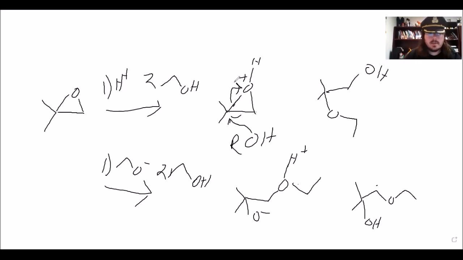Acid catalyzed, essentially, this oxygen can ring open to stabilize itself and make the carbocation. Which one would be the more stable carbocation? The tertiary. And the O minus, which one has more electron density, is going to be the one that's less likely to be attacked.